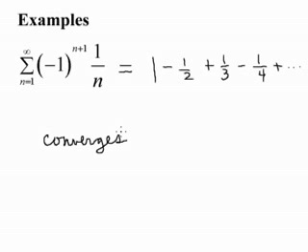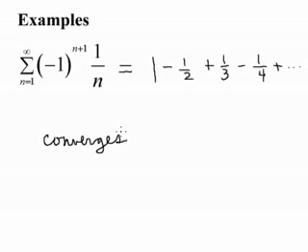Now, the sum from n equals 1 to infinity of (-1)^(n+1) times 1 over n is an alternating series, and it satisfies all of the conditions of the alternating series theorem, which essentially says that you require that the 1 over n on their own be all positive. 1 over n has to go to 0.